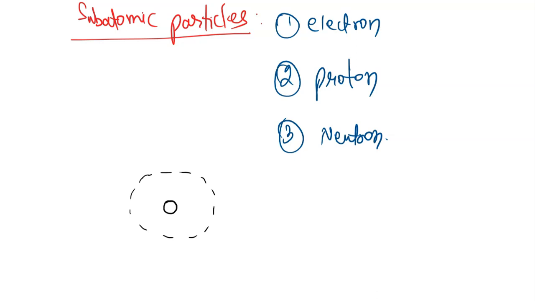This center is so dense that all the particles in this nucleus are heavily packed, and if we see the region occupied by the nucleus and the atom, we will find that the nucleus is occupying very less space. That's why we say that it is very highly dense, and the electrons revolve in the orbits.